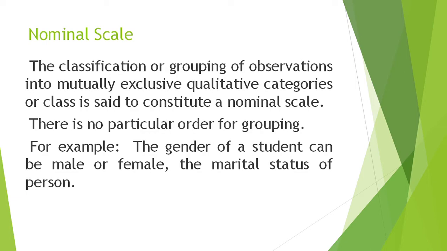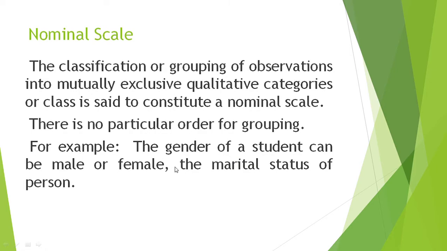So here we will have some qualitative categories, and an example will make this clearer. For example, you have gender. Whenever you fill a form, or whenever you go somewhere, you will find the option for gender, and male and female will be written there.